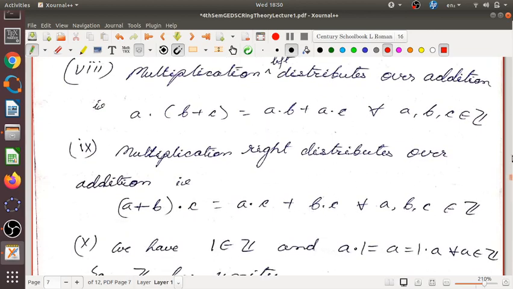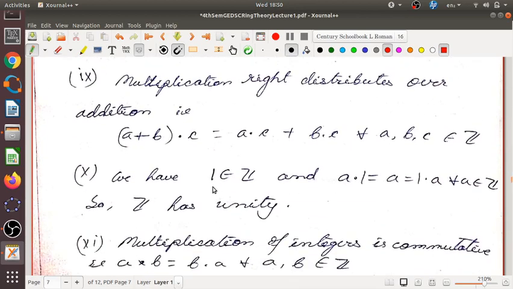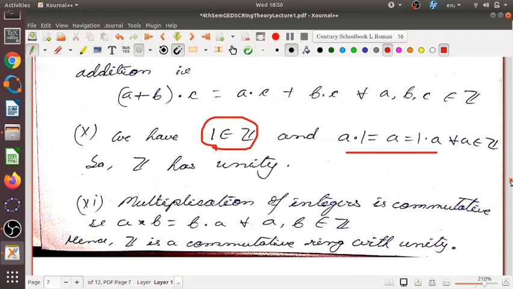And the element 1 inside Z, this is the number 1 that we know. So we have 1 belongs to Z and 1 satisfies this: any number multiplied with 1 is the number itself. So Z has a unity element.